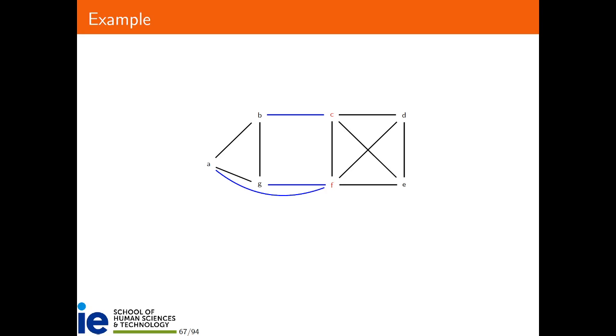So the deletion of B and G doesn't create two connected components. On the other hand, deleting the vertices C and F creates two connected components, one with A, B, and G, and the other with the vertices D and E. And that's why C and F is a vertex cut. And therefore, vertex connectivity is equal to 2 for this graph.